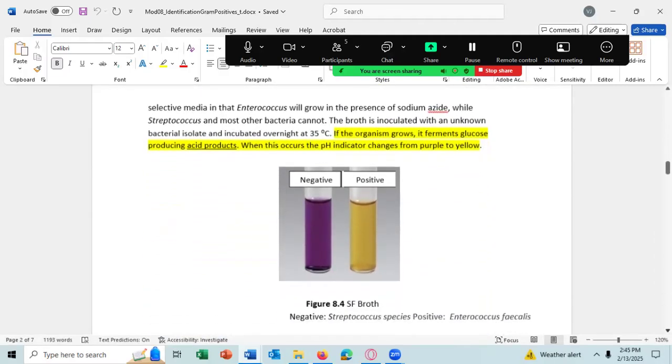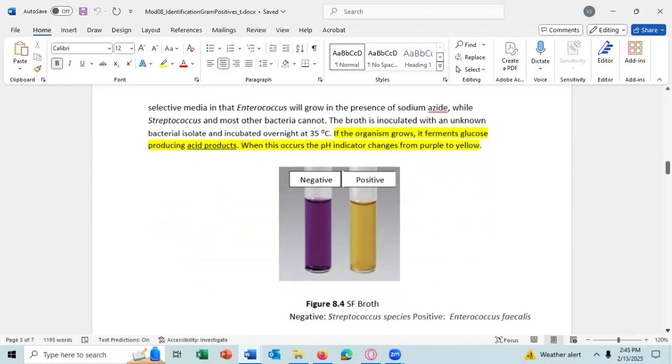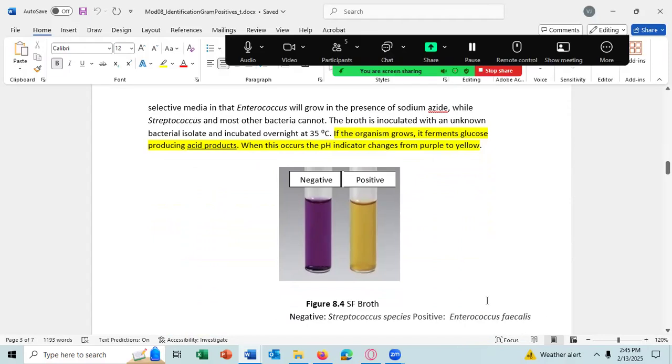All right. If the organism grows in the SF broth and ferments the glucose in the SF broth, it'll make acid products. And when that occurs, the pH indicator will change from purple to yellow. So a yellow color in the SF broth is positive, a negative color is purple.